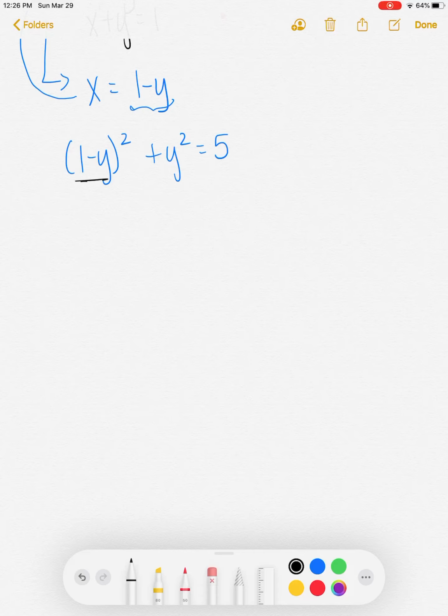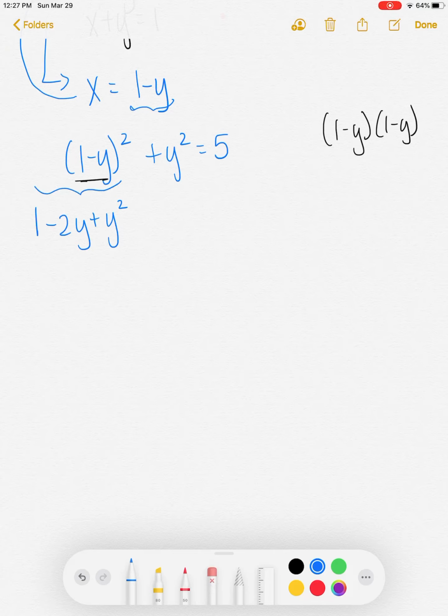So many people want to square the terms individually, distributing that exponent, but you can't. It is a binomial squared. You have to distribute this guy. So distributing him should give me 1 minus 2y plus y squared. So this guy right here is that quadratic, plus this y squared equals 5.